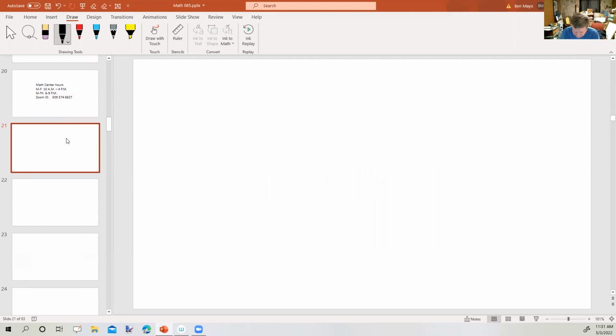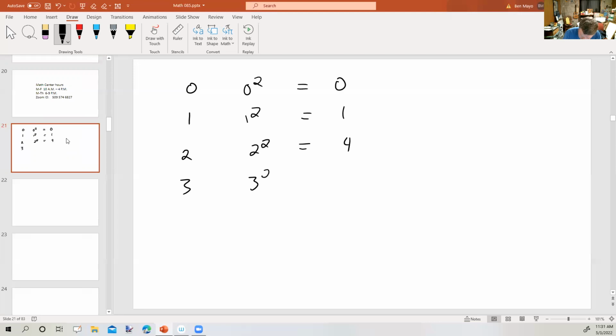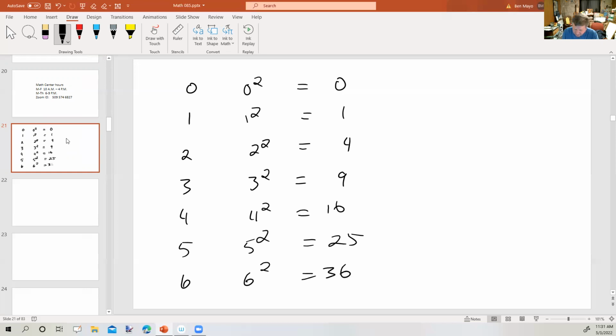Sure. Okay. So let's say we have the number 0 and we square it, we get 0. Well, that was pretty exciting, wasn't it? If we take 1 and we square it, we get 1. But if we take 2 and square it, we get 4. 3 and square it, we get 9. 4 and square it, we get 16. 5 and square it, we get 25. 6 and square it, we get 36, etc. All right.